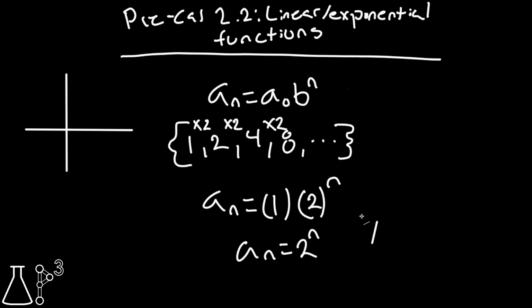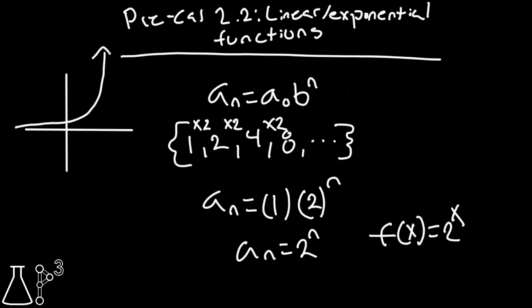In this case, f of x is equal to 2 to the x, or f of n is equal to 2 to the n. It doesn't really matter. I just want to show how this function would look. It's very important to note that this function would look a little something like this.